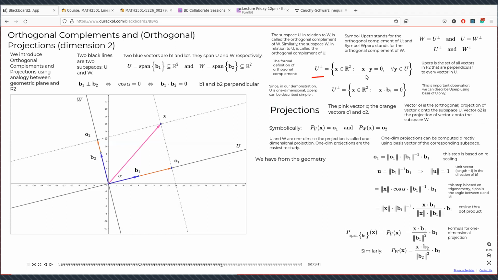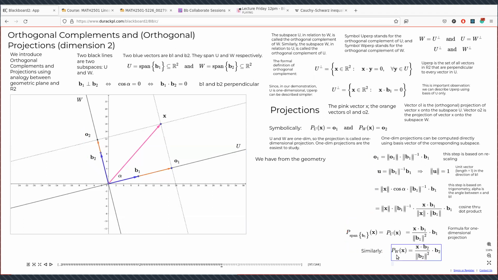So the first one was the definition of the orthogonal complement. Second is how we can find the orthogonal complement using the basis vector. Then the formula for one-dimensional projections. These things either come from my demo or from actual careful analysis like this one.